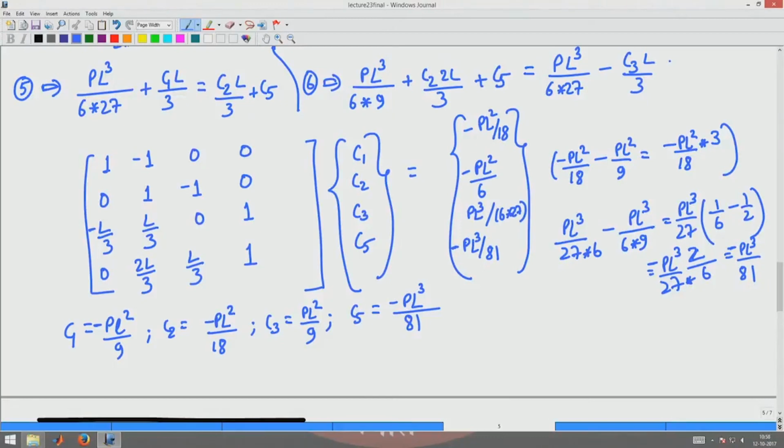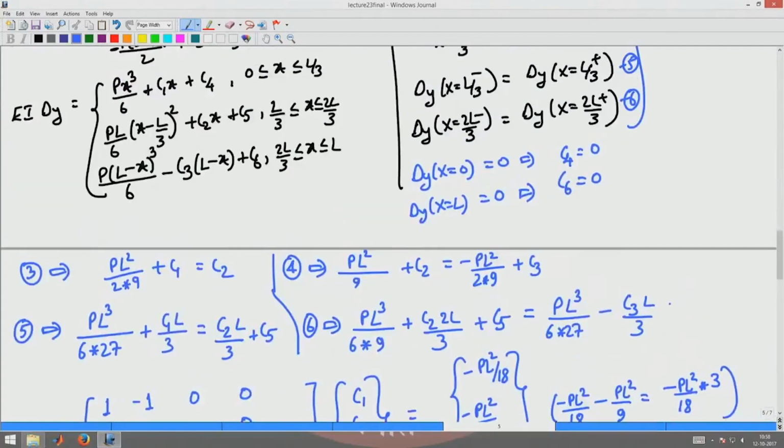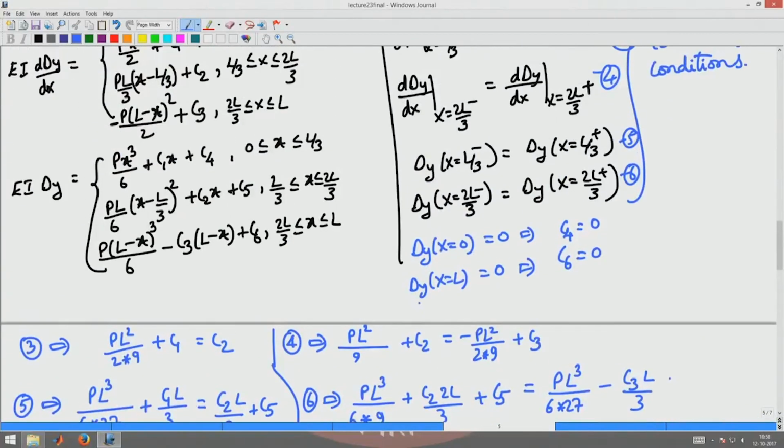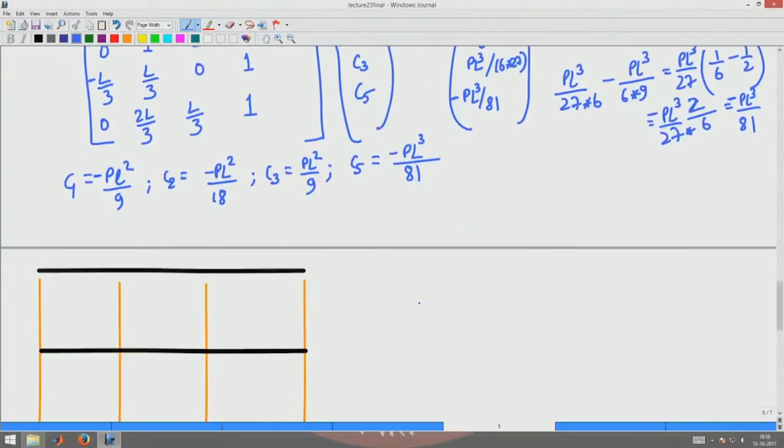Now, let us go ahead and substitute these values of constants into the equations and see what the slope at different points is and what the deflected shape at different points is.